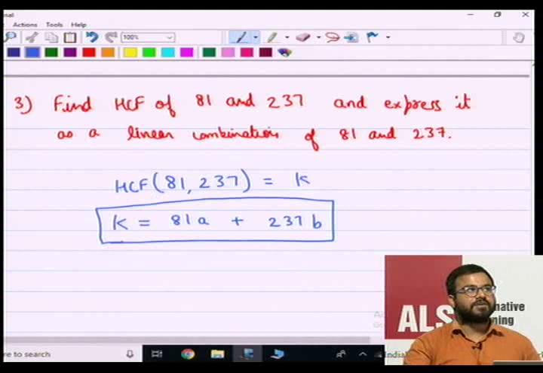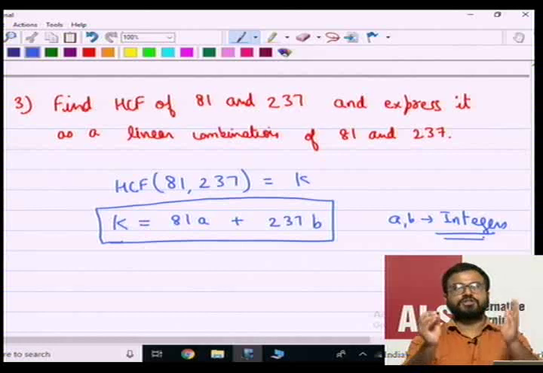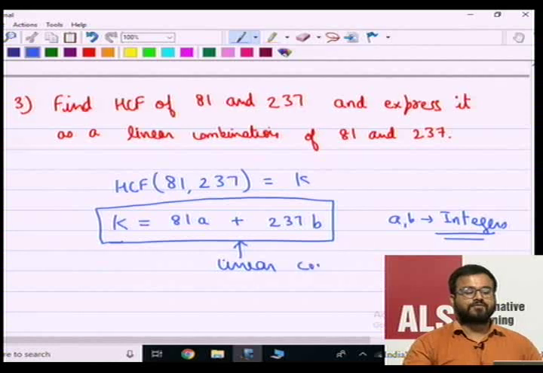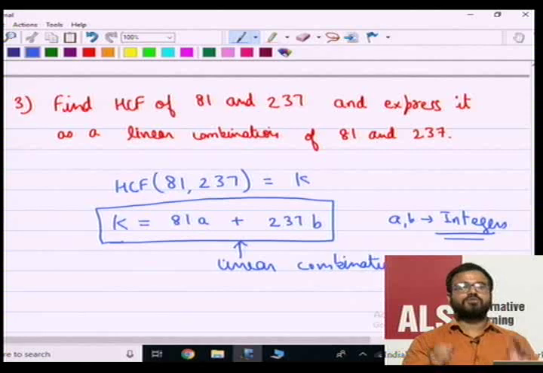After this, you have to write K is equal to 81 times some integer plus 237 times some integer. So basically here you have to find the values of A and B. What values of A and B will satisfy this relationship? Writing K in this form is known as linear combination of 237 and 81. So basically our aim is to write K in this form.